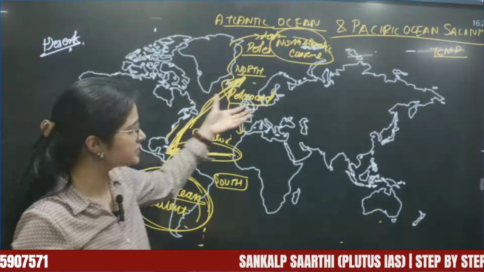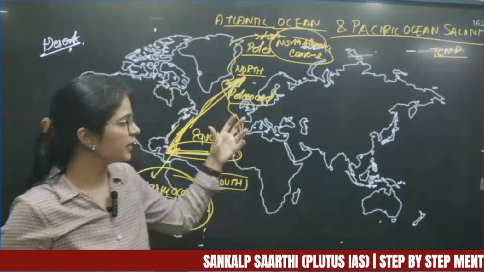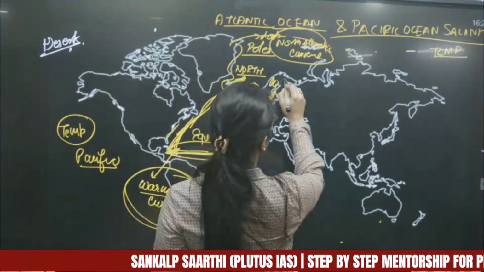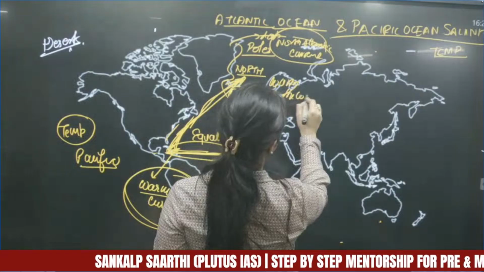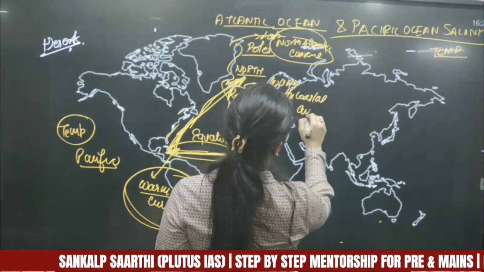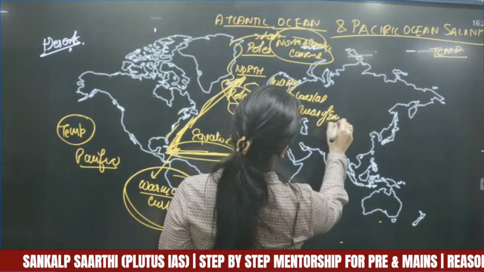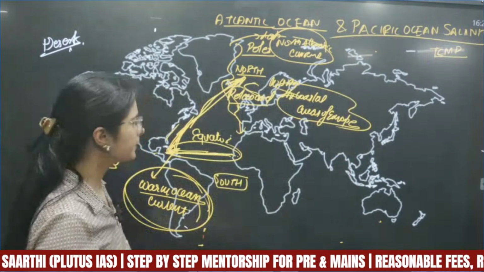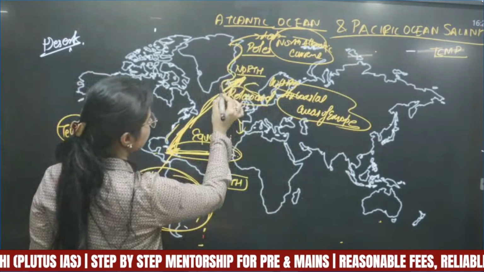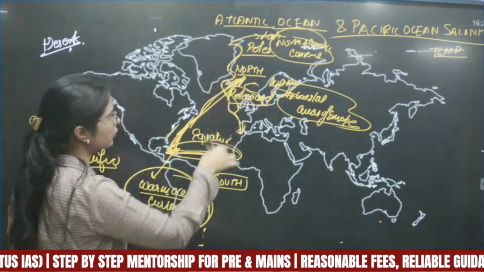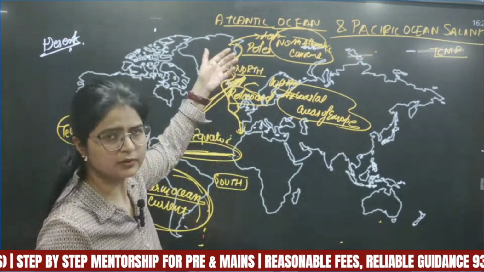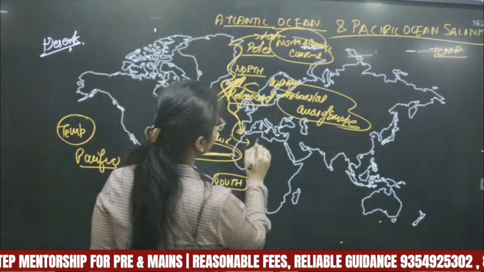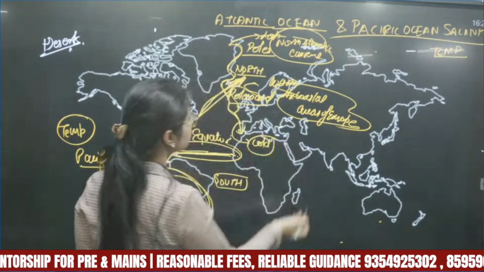Because obviously it is warm in nature, and it will warm the coastal areas of Europe and make the passage navigable. But what about the North Atlantic current which is coming from the pole side towards the equator? It is going to be cold in nature, so it will change the factor.